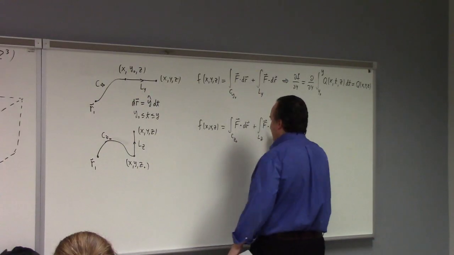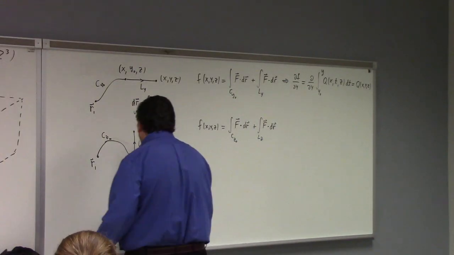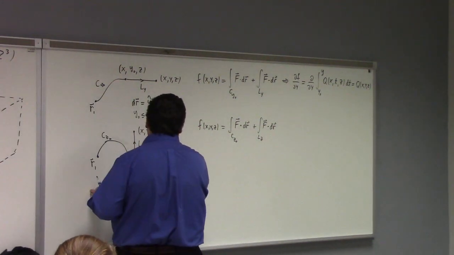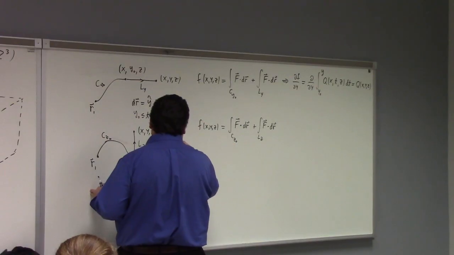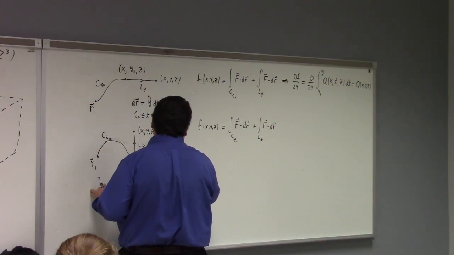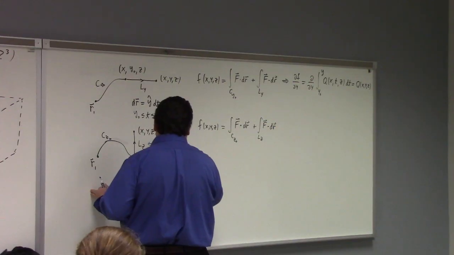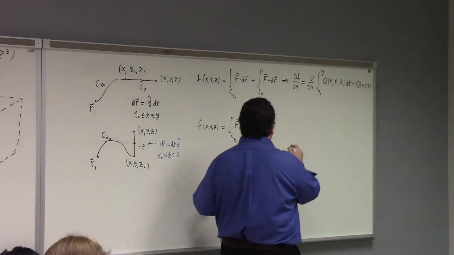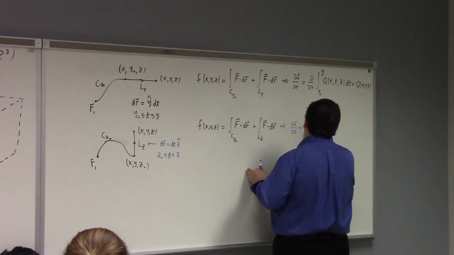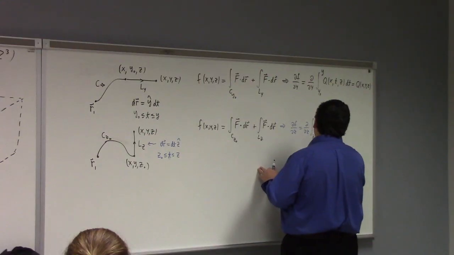Now this time, on L sub z, my dr is simply dt z hat, right? We're doing z naught less than or equal to t less than or equal to z. And so this implies that partial f partial z is the z derivative of the integral from z naught to z.